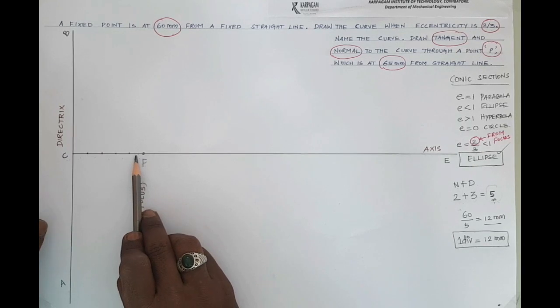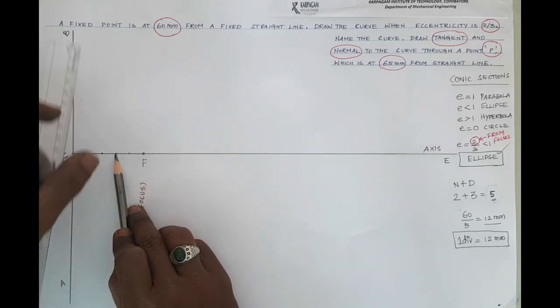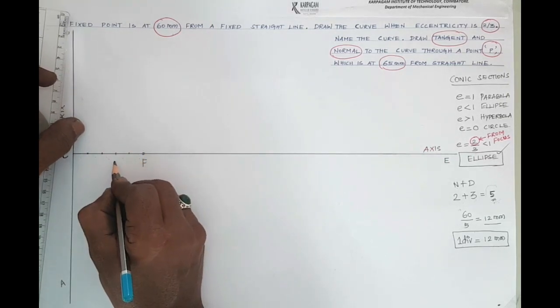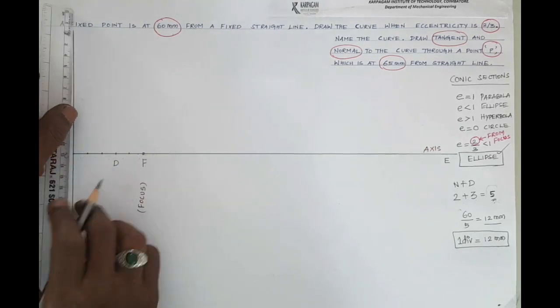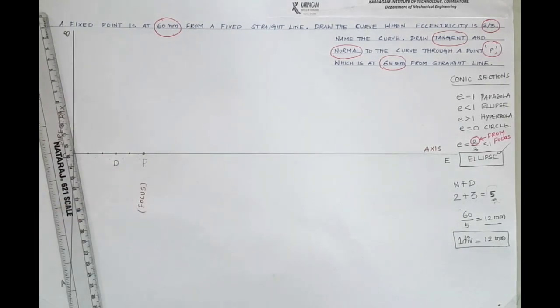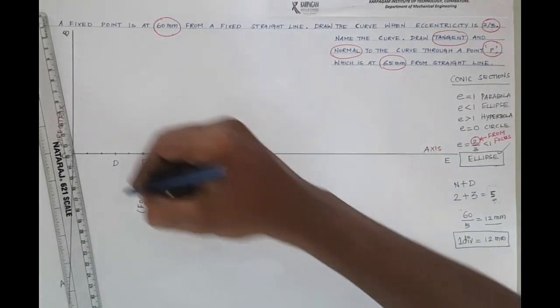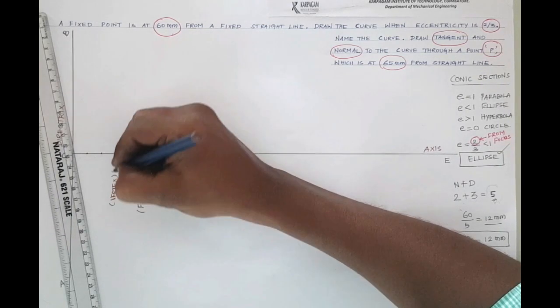This is the first division or first part, and this is the second part. At the end of the second part, write capital D. It is called the vertex.